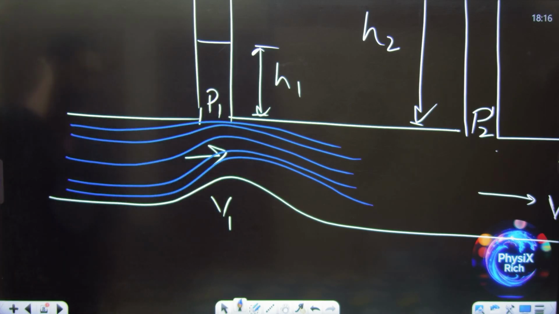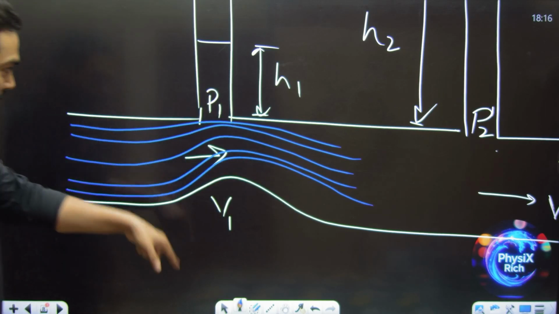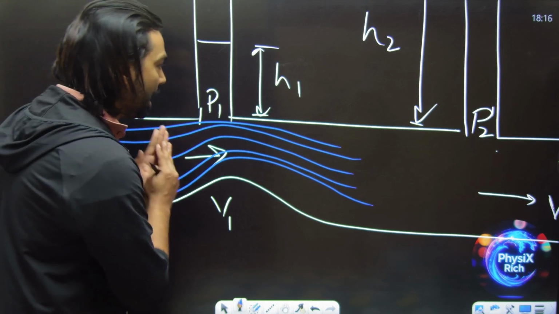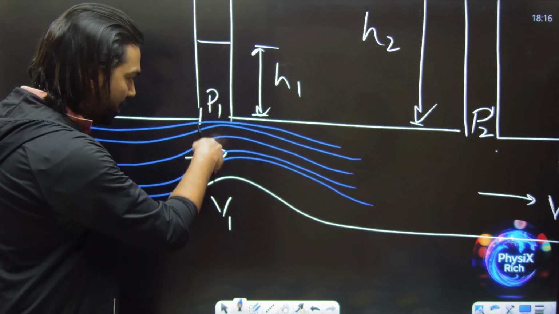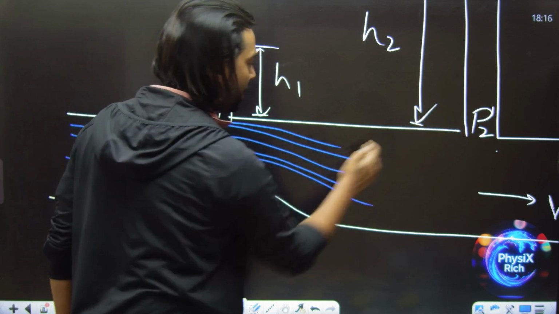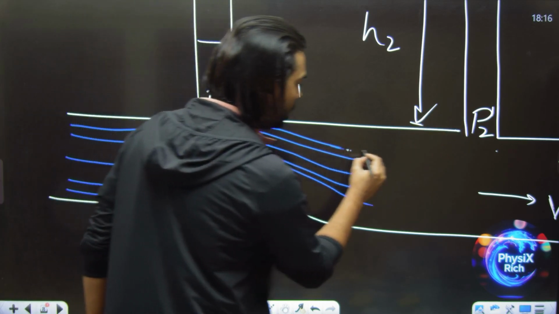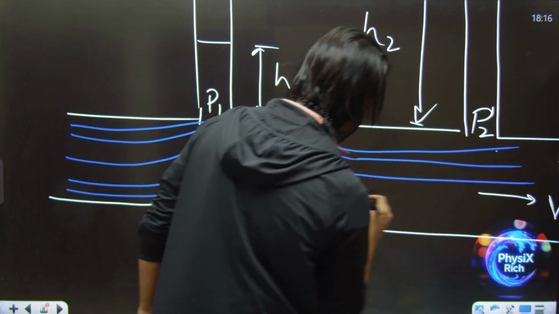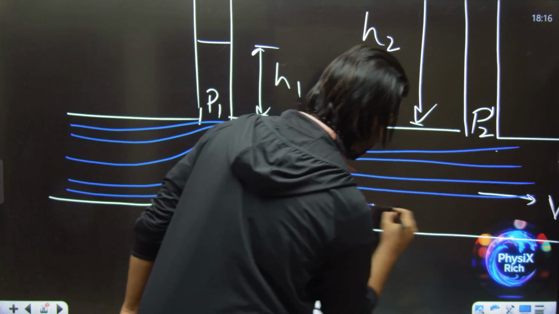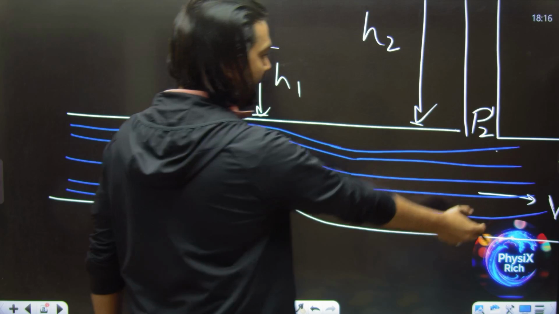I hope you understand this. So I can apply Bernoulli's equation between this point and that point. Let's extend this. These are all streamlines, and you see they are again less crowded.